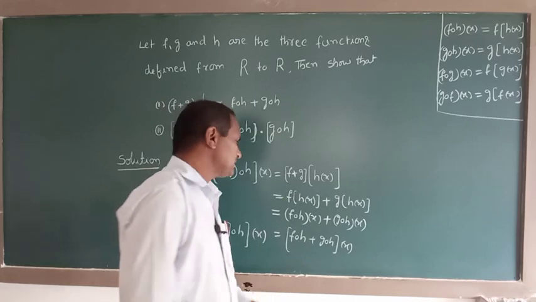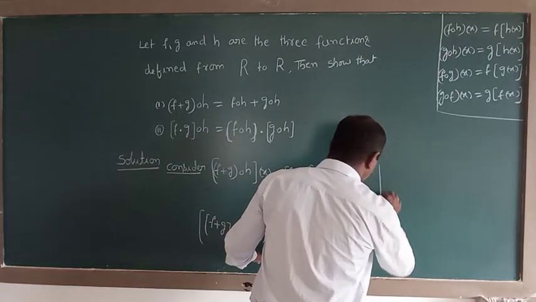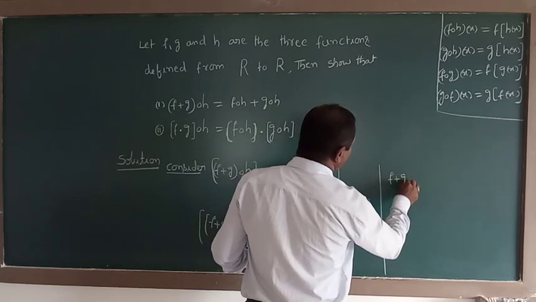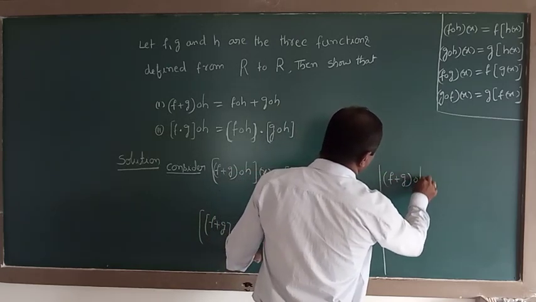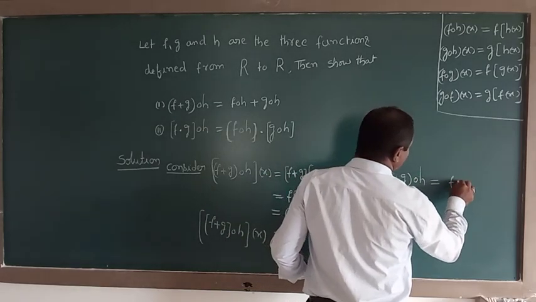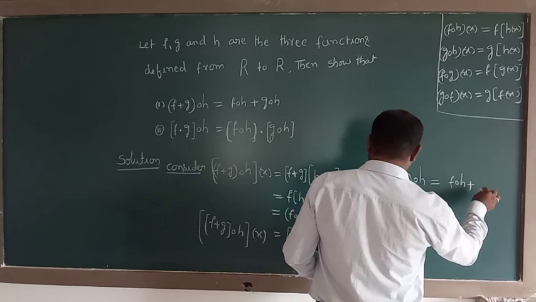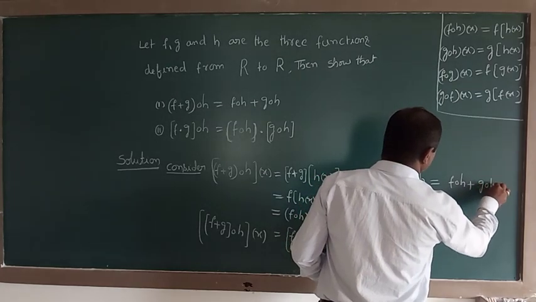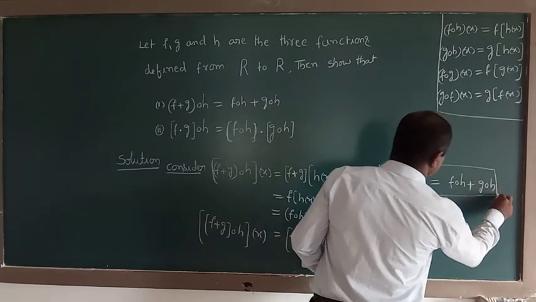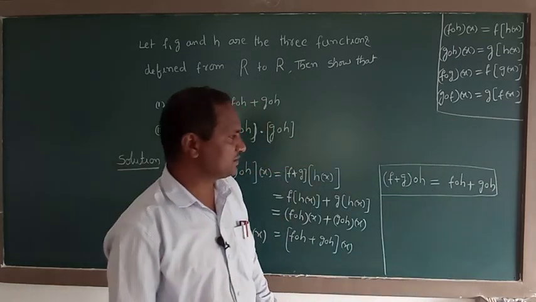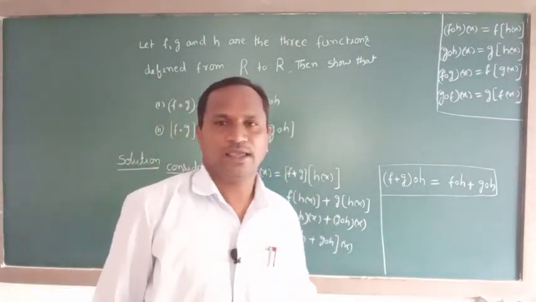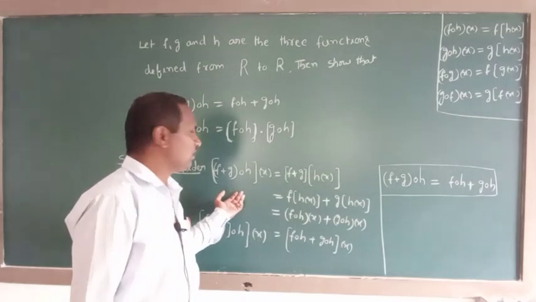By taking right cancellation law, you will get here f plus g circle h is equal to f circle h plus g circle h. That's why LHS is equal to RHS.